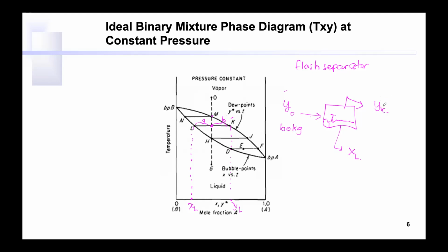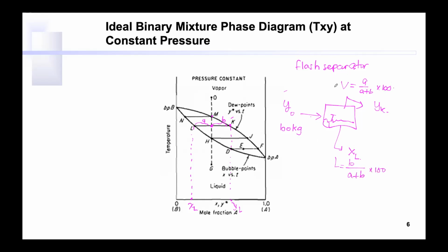How much is the vapor that goes into the vapor phase? A divided by A plus B, multiplied by 100. That is the vapor. And the liquid is B divided by A plus B, multiplied by 100.